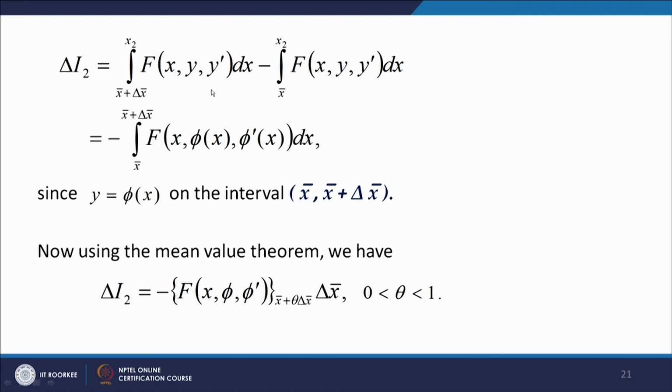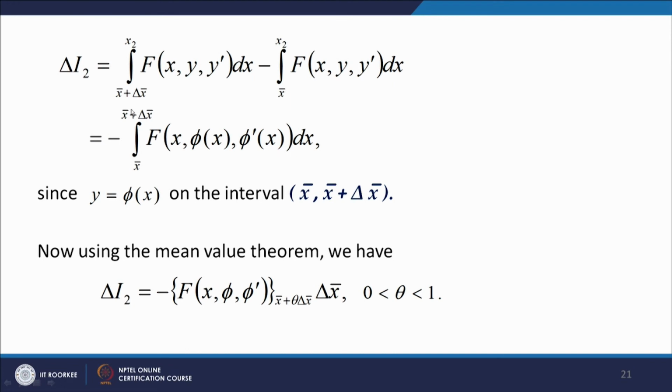So, this difference of the two integrals is nothing but minus the integral from x bar to x bar plus delta x bar of f(x, y, y') dx, but y is equal to phi(x). So, it is f(x, phi(x), phi'(x)) dx, since y equal to phi(x) is on the interval x bar to x bar plus delta x bar. Okay. Now let us use the mean value theorem.